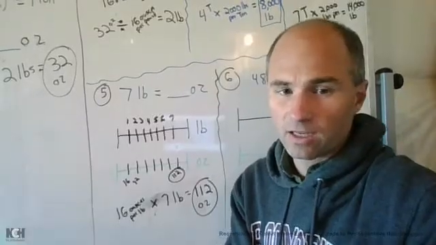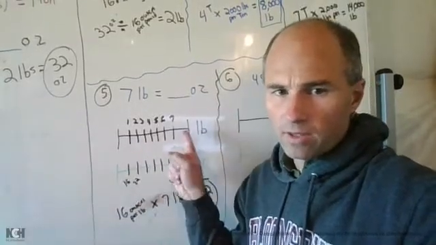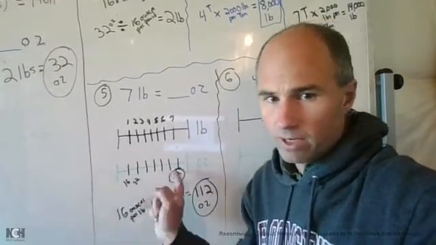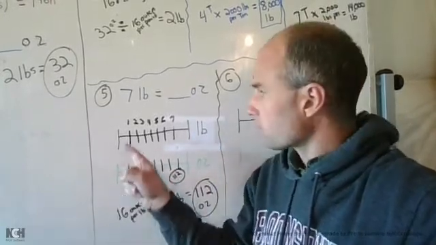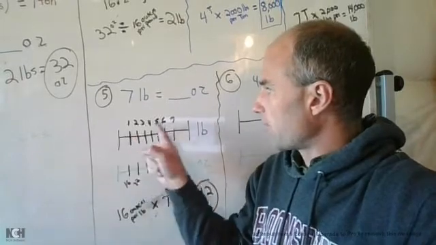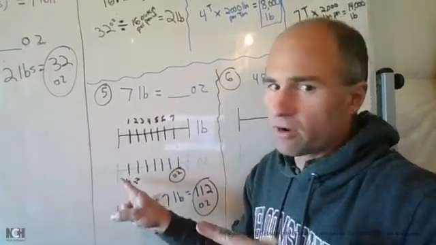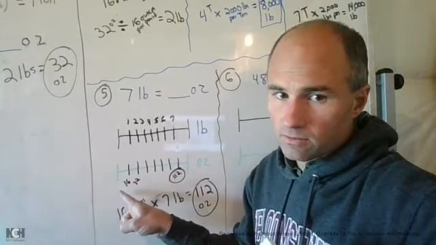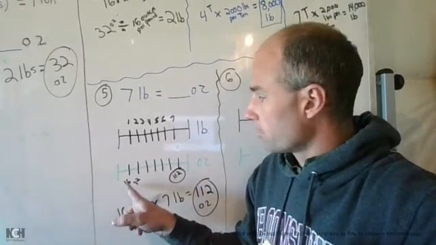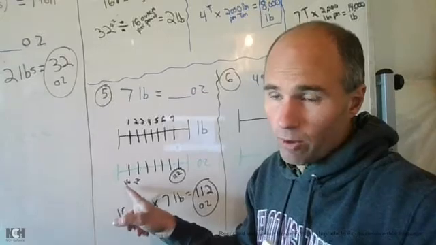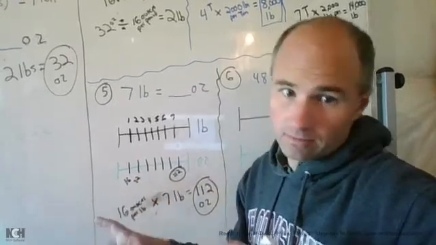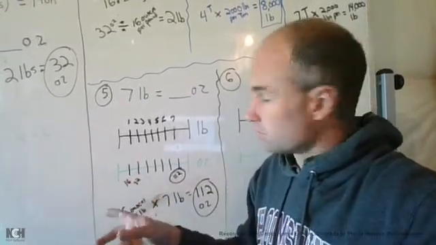All right, gang, here we go. So my number line here was pounds. My next number line was ounces. So I went out to 7 pounds. I knew each pound is 16 ounces, which is how I got my weight to be well over 2,000 ounces.